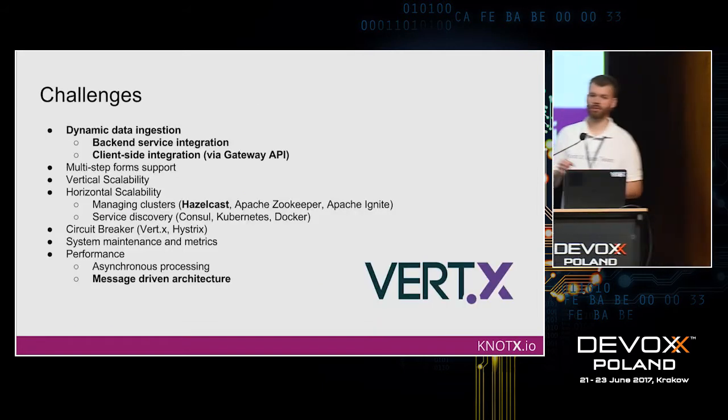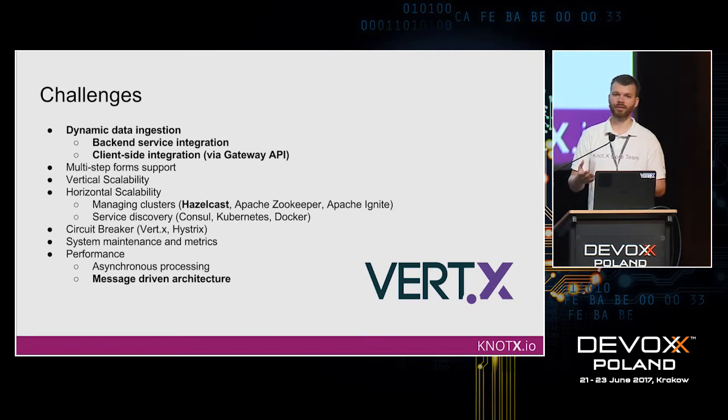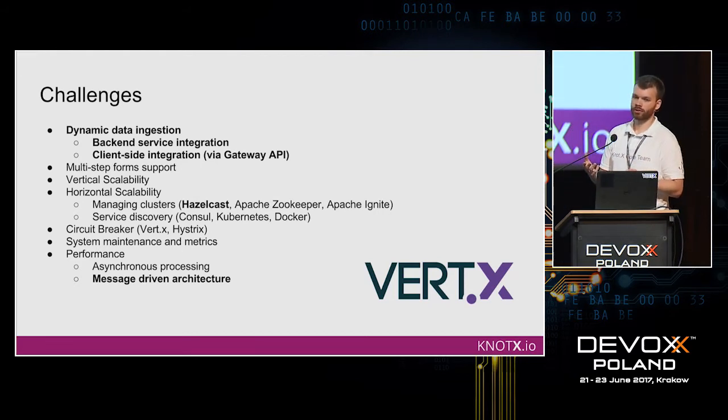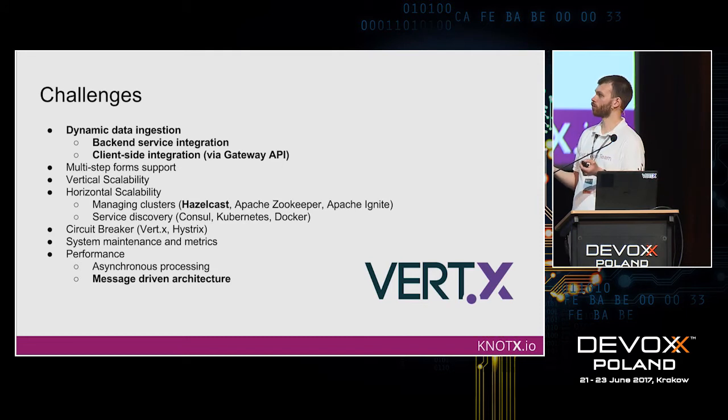Yes, and we built Knot.x on top of Vert.x, which is an event-driven, non-blocking application framework. And we encountered many challenges typical for modern web platforms, for example, asynchronous processing. And for that, we use RxJava to handle multiple asynchronous events very smoothly.